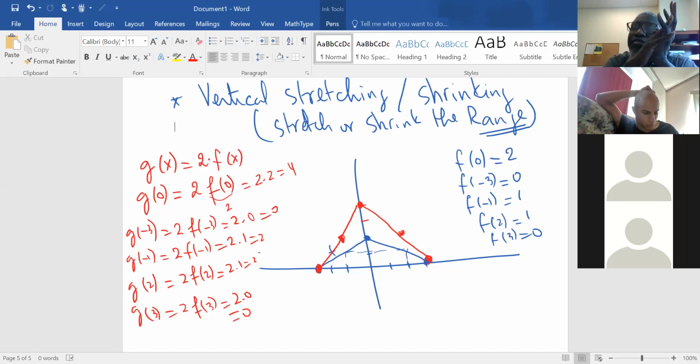The range has changed, right? What was the old range? The old range was from what y to what y? The blue graph. The old range was from 0 to 2. 0 to 2. Thank you.